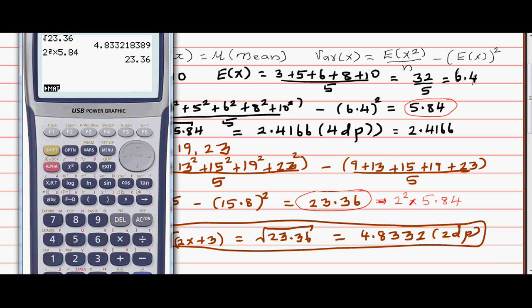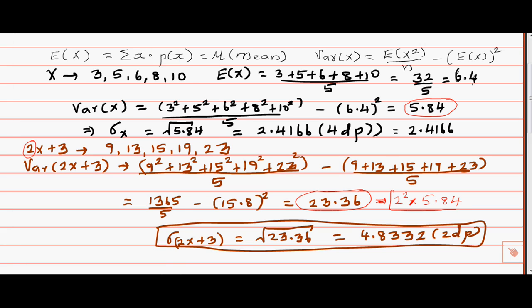Okay, so basically the formula is the variance of ax plus b. When you're adding something to the data, this b doesn't make any difference to the variance. So let me write it properly.